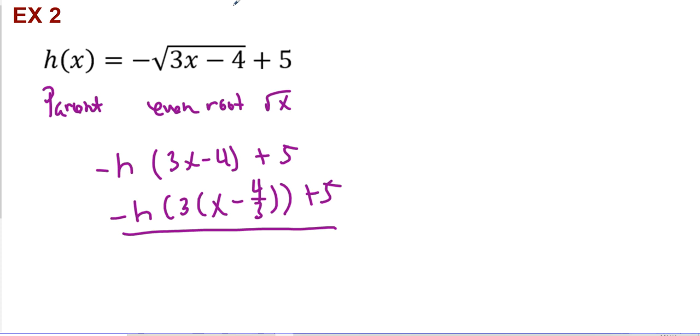So what happens here? Well, what we got is we have a horizontal shrink because this is affecting my x coordinate. So I have a horizontal shrink of a factor of 1/3. And this is on my x coordinates.